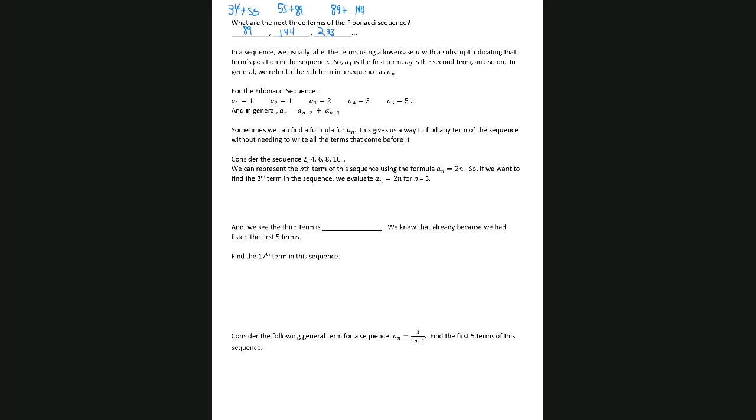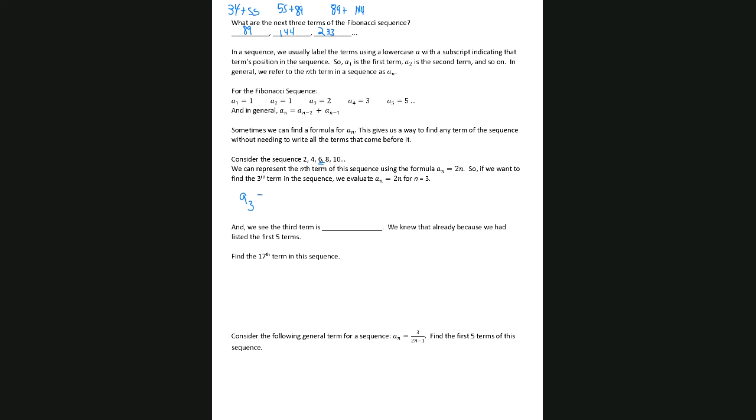Because if 2 is a sub 1, then 1 times 2 is 2. And 4 is a sub 2, and 2 times 2 is 4, and so on. So if we want to find the third term in the sequence, we just evaluate 2n for n equals 3. So if I want to find a sub 3, which will be the third term, we already know what it is. We know that it's 6.